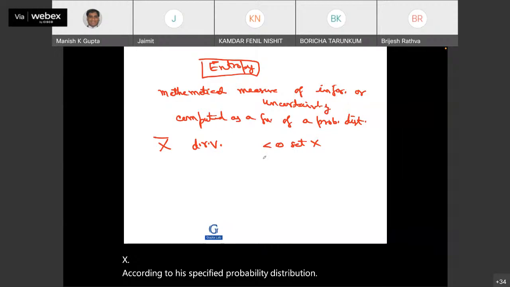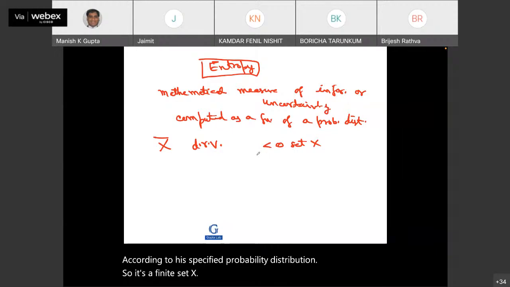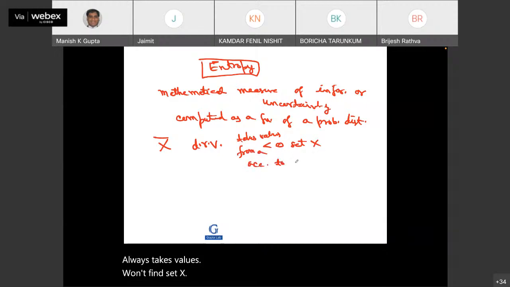So x is a finite set, and the random variable takes values from the finite set x according to a specified probability distribution. Right.